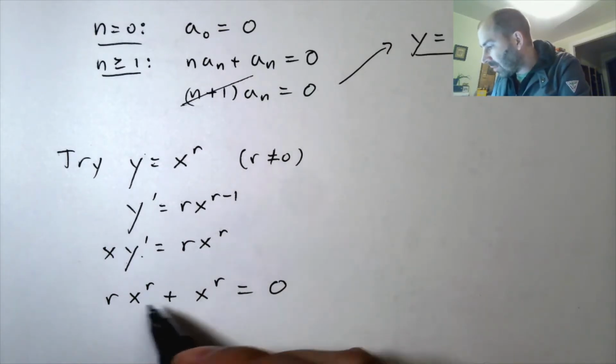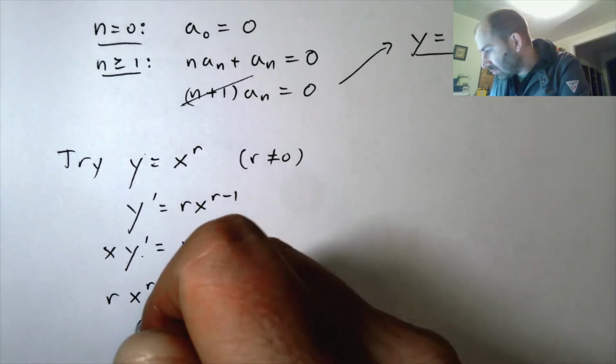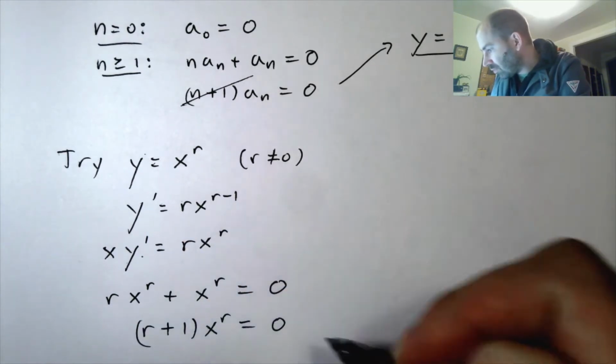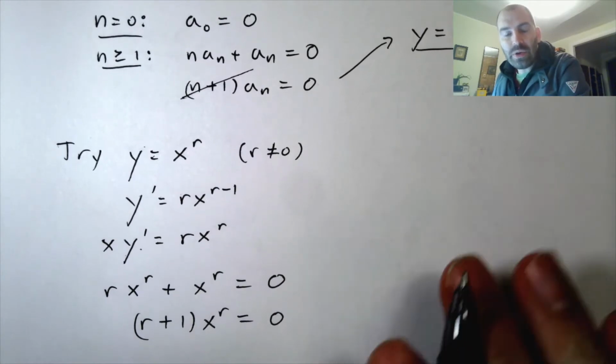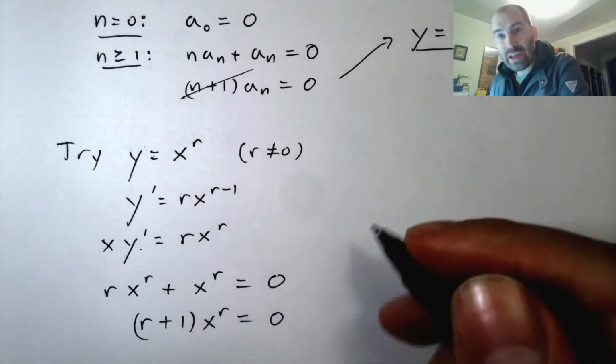Well, I can factor out the x to the r. And I can see that the only way this function can equal this for all x is if r is equal to -1, at least for all x for which that'll be defined.